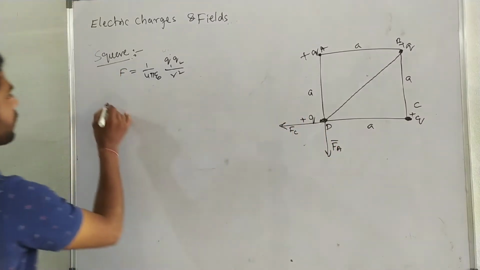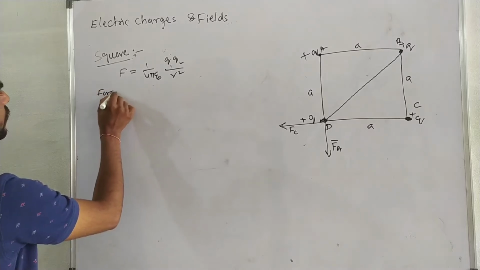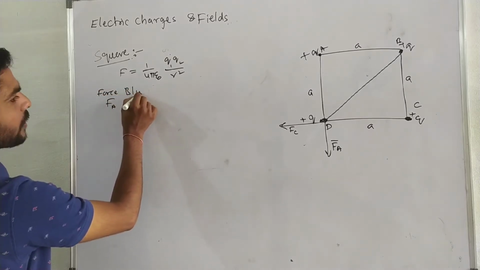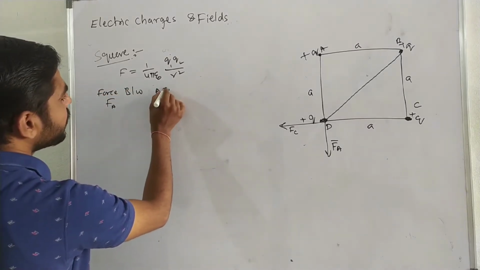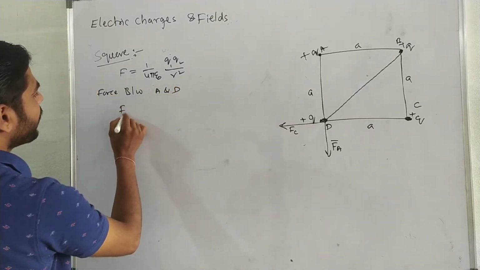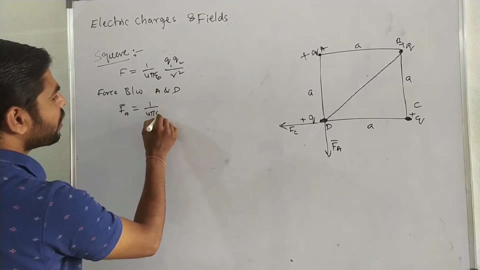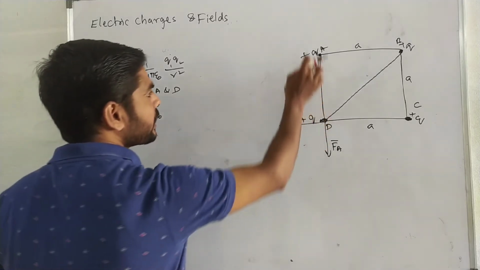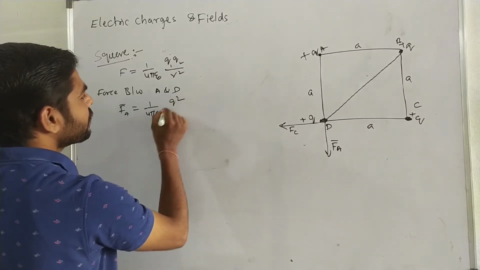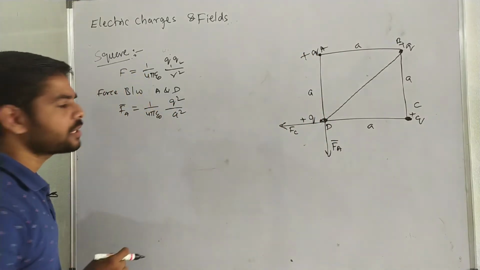For Fa, the resultant force between A and D, I am assuming Fa is equal to 1 by 4 pi epsilon naught into the charges they carry, Q into Q, so Q square, by the side of the square, distance A, we are assuming A square.